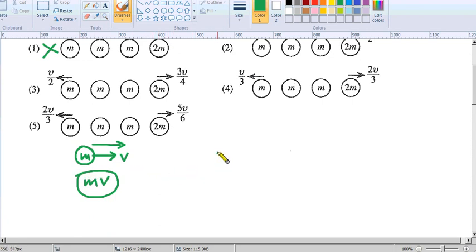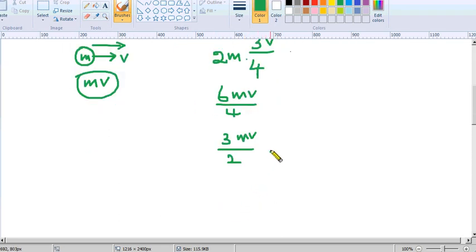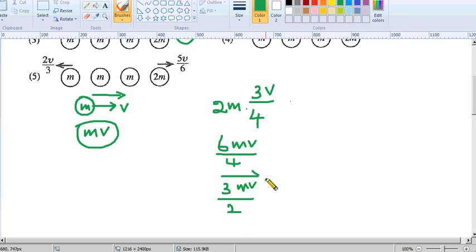Therefore we write 2m, the mass, times the velocity: 2 times 3v divided by 4. When you simplify, 6mv divided by 4, then 3mv divided by 2. So this is the value to the right side.